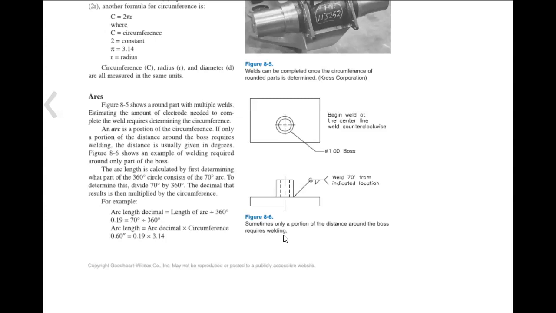For example, arc length decimal equals length of arc divided by 360 degrees. So 0.19 equals 60 degrees divided by 360 degrees. Arc length equals arc decimal times circumference. 0.06 inches equals 0.19 times pi, 3.14.